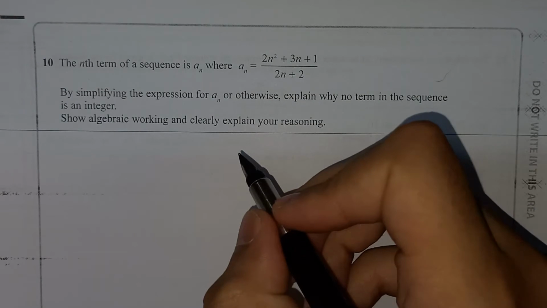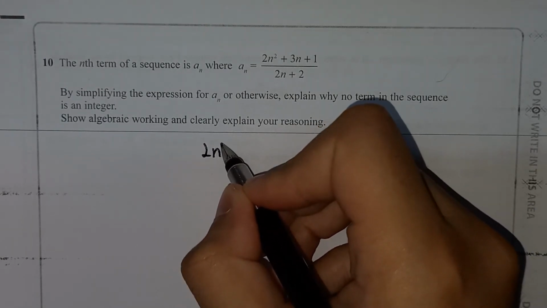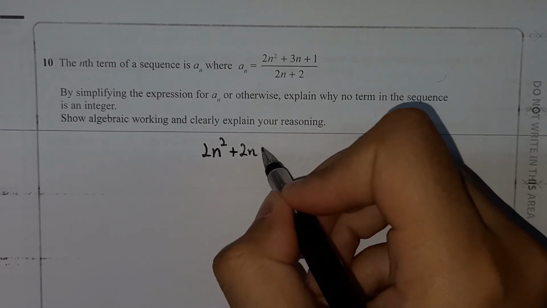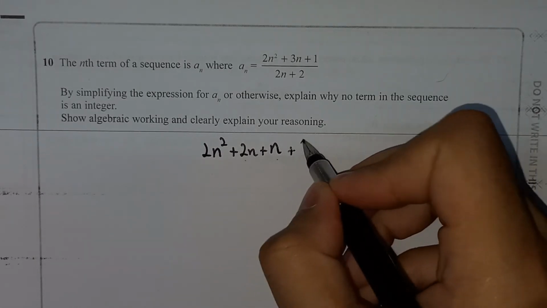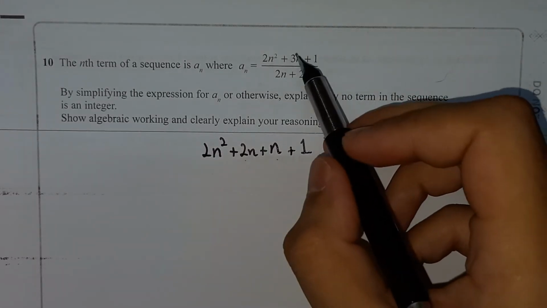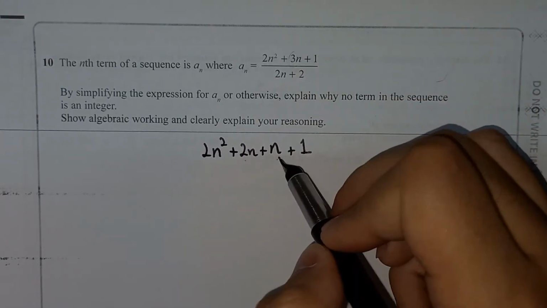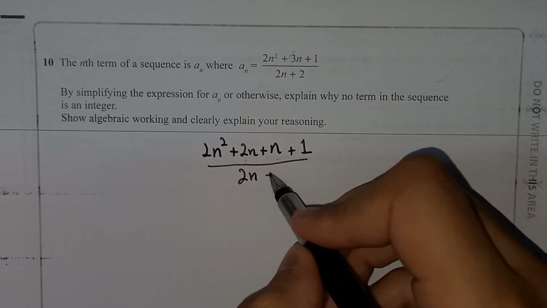So here we will be writing this simplified quadratic: 2n square plus 2n plus n plus 1. Midterm breaking actually means breaking this part into two pieces, and we just did that with 2 and 1. Now the whole thing is divided by 2n plus 2.